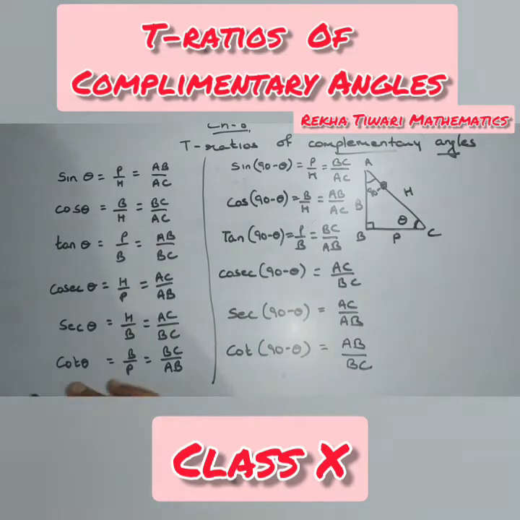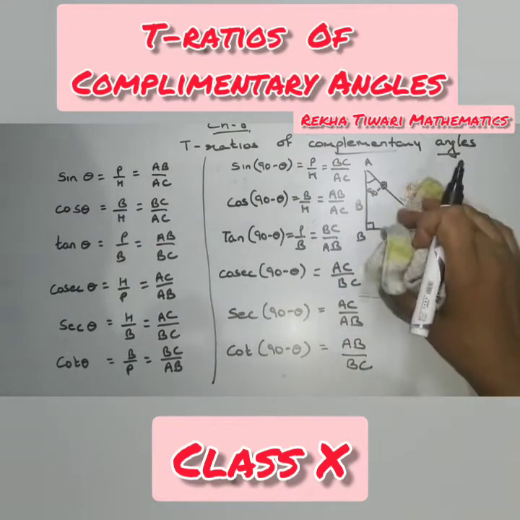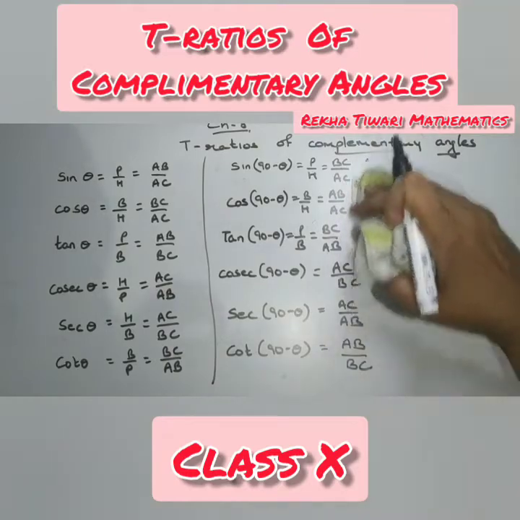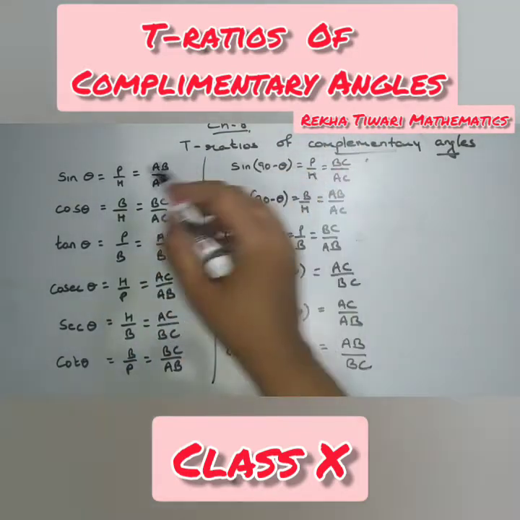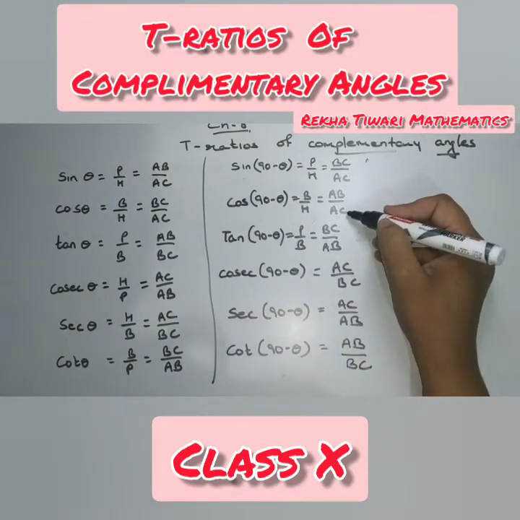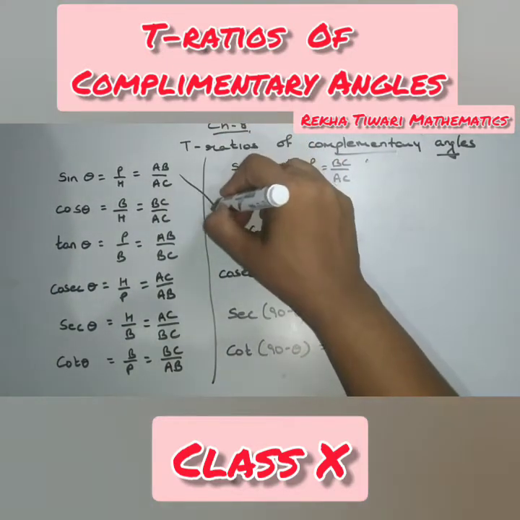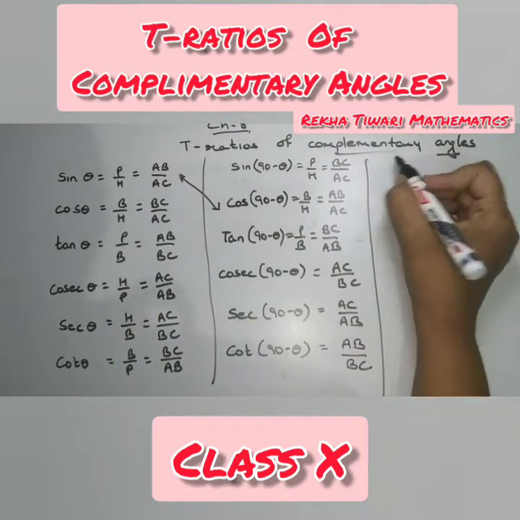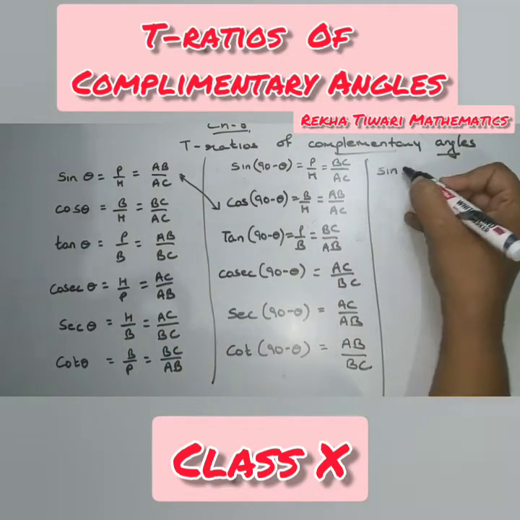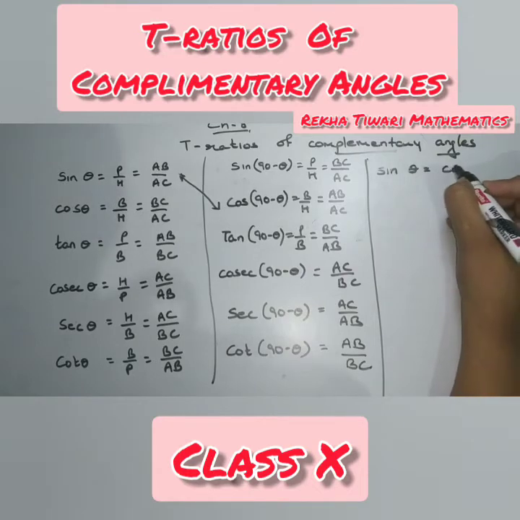Okay, match the following. Look here. This AB by AC and here AB by AC. So I can match these two. According to this table, sin theta is equal to cos 90 minus theta.